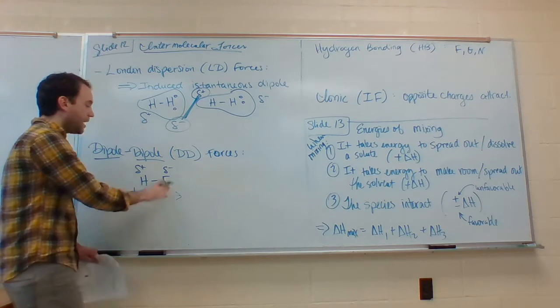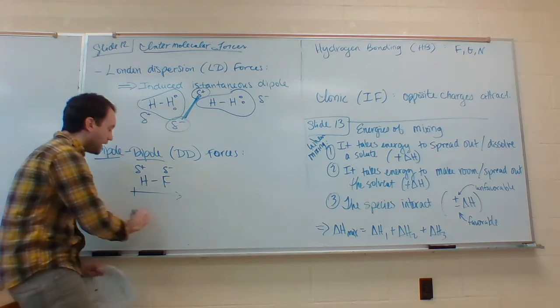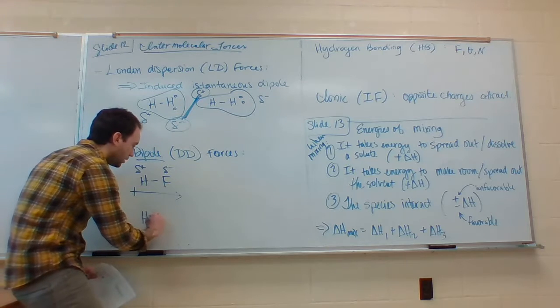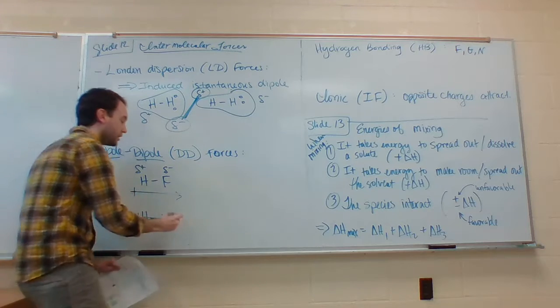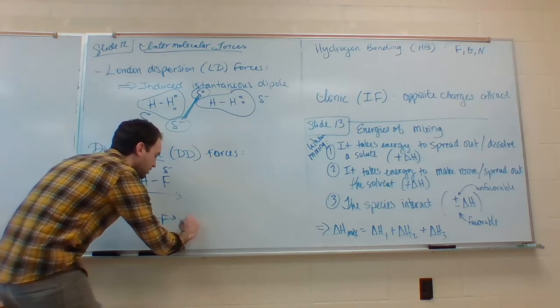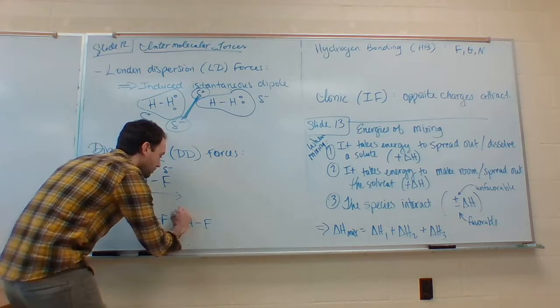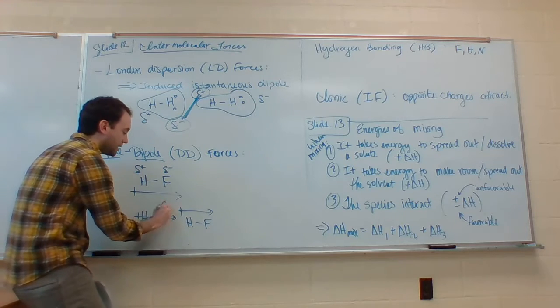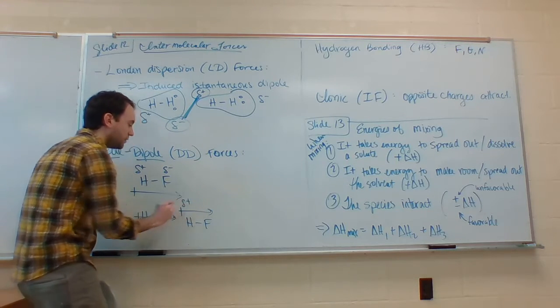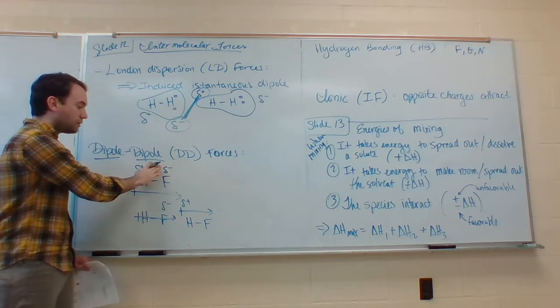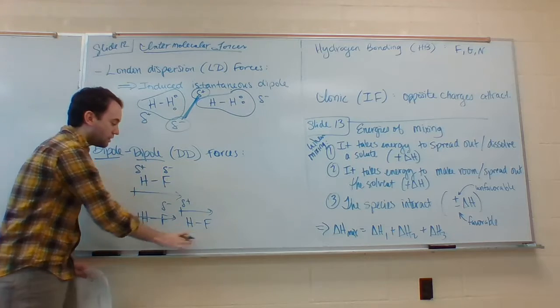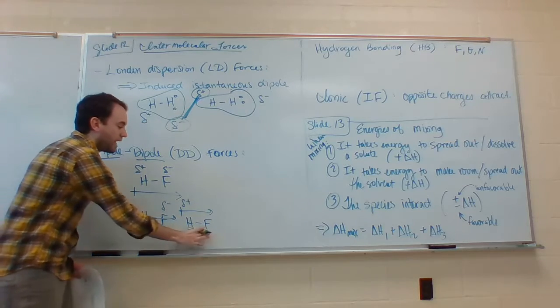When we have molecules that have a dipole already built in, they are going to have attractive forces and line themselves up such that we have a delta negative near a delta positive, just like in this case. However, for dipole-dipole, these forces are dictated by molecules that have a permanent dipole.